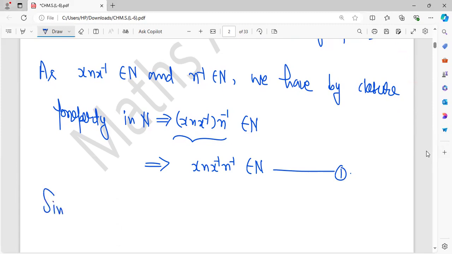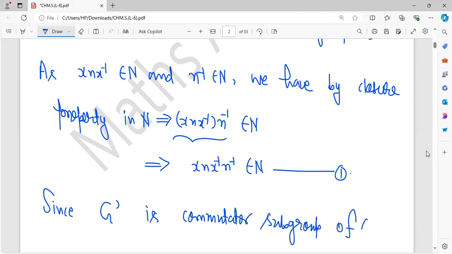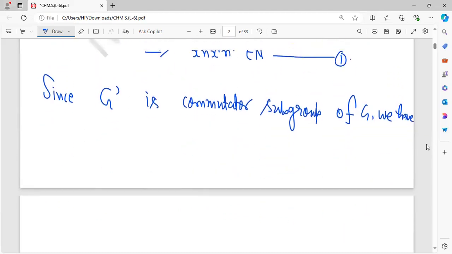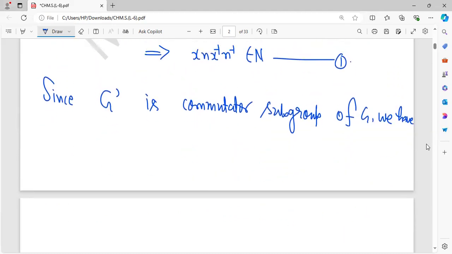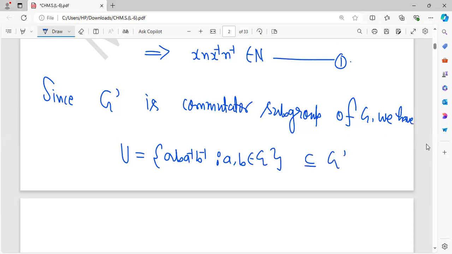Since G dash is the commutator subgroup of G, we have u equals a b a inverse b inverse, a b belongs to G, contained in G dash.